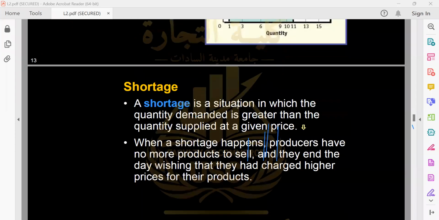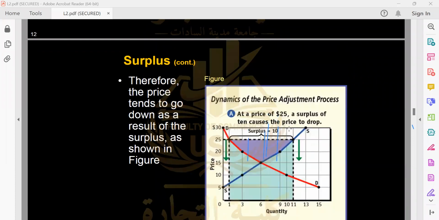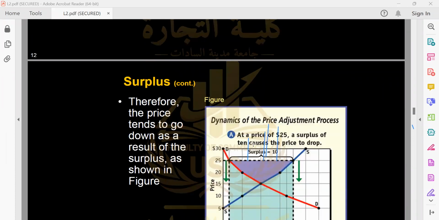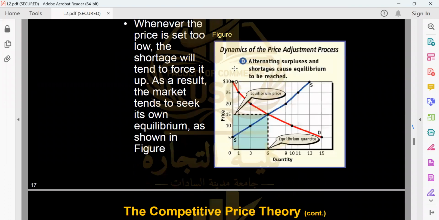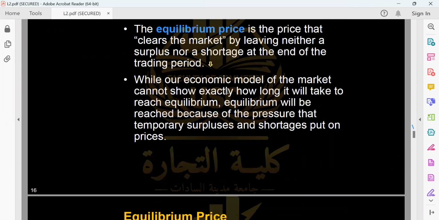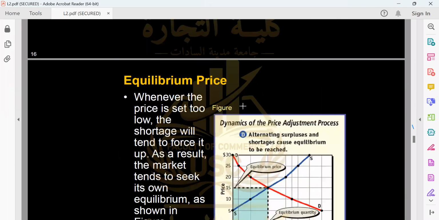We have a pressure that helps us to get to the equilibrium point again. So equilibrium is an economic state when we have no surplus and no shortage, and we have a price that is agreed by the buyer and seller.